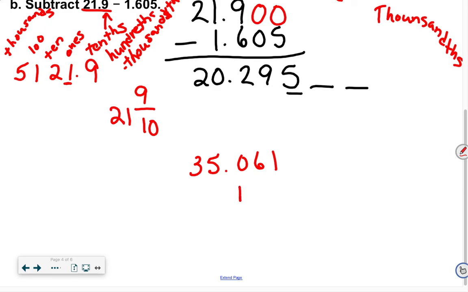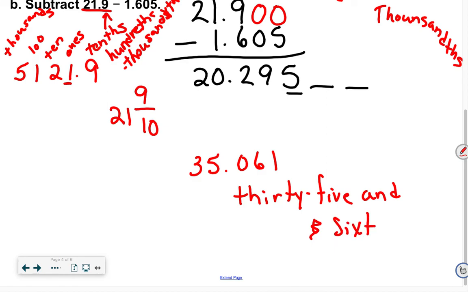If I was going to spell it out, this is 35 and 61 thousandths. Okay? Very good. Does that make sense?